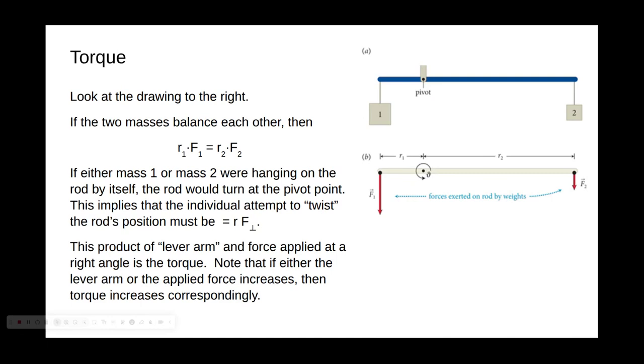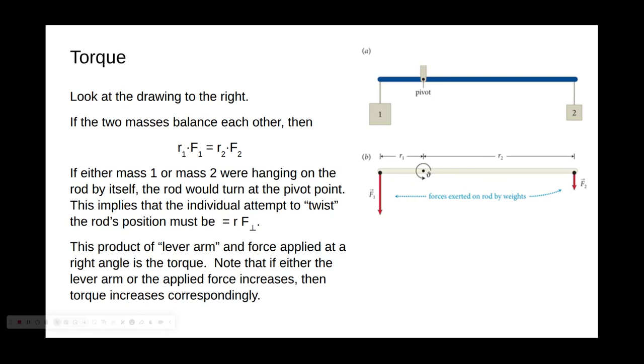The lever arm, the distance from where the force is applied perpendicular to the pivot point of mass 1, multiplied by gravity, would give us the weight of that. So we have R1, that's our lever arm, times mass 1 times gravity, which is a force. And that's going to equal, on the other side, if they're balanced, the lever arm 2 times mass 2 times gravity on that side.